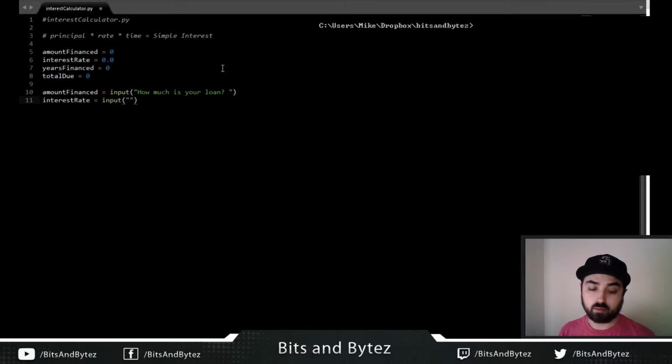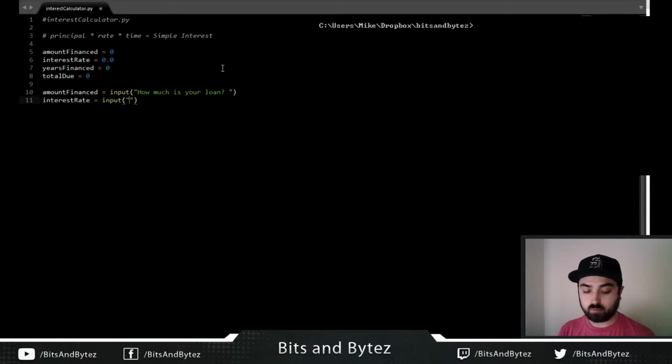Input works on Python 2.7 for numbers, but it won't work for strings. You have to use a raw input. I'll change it later because we're gonna have to do some things to make sure it's a number. But for right now, this is just a simple way to learn simple inputs.